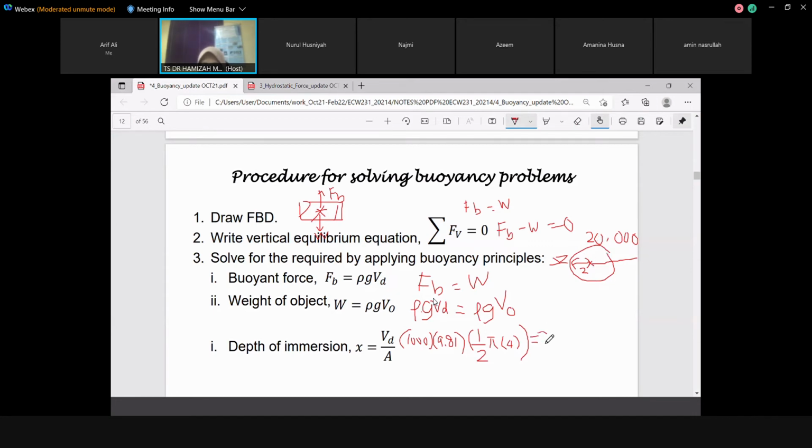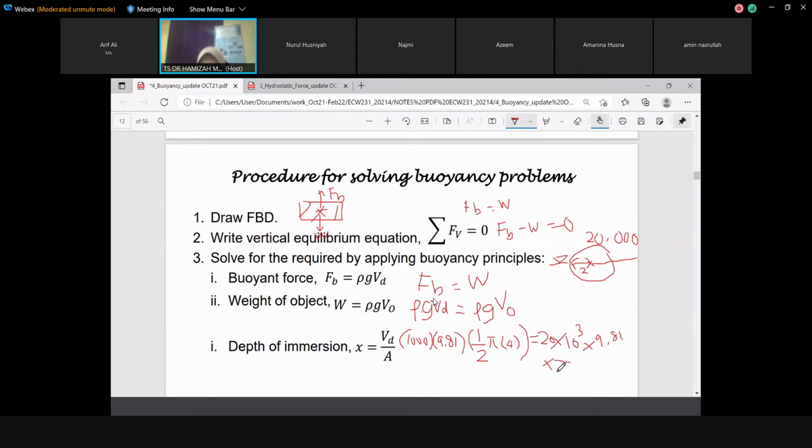So its density is 20,000, 20k, or you can write 20 times 10 to the power of 3. Multiplied by gravity 9.81. And the volume of the object is the full volume.